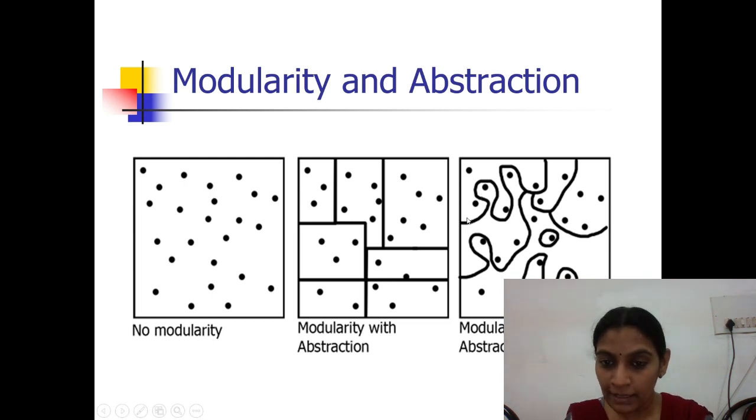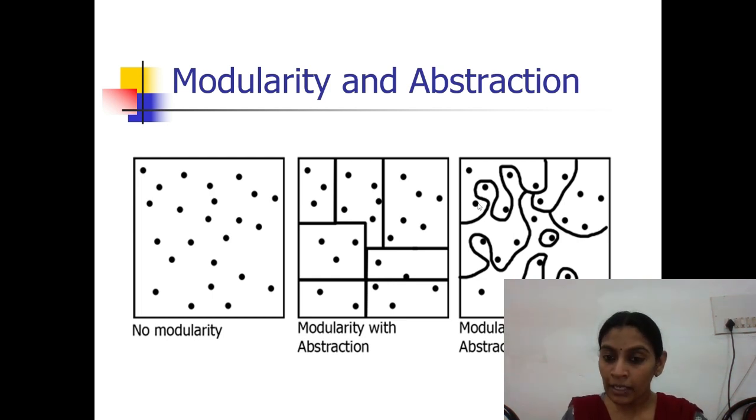For example, if you follow this path, see here, you can see I have three components: the first component, second component, and third component, sorry, fourth component as one module. So here, what are we trying to say here? It is modularized but not very clear.